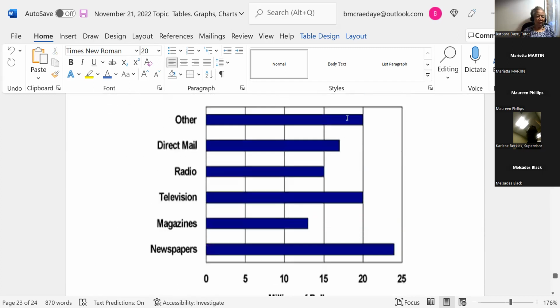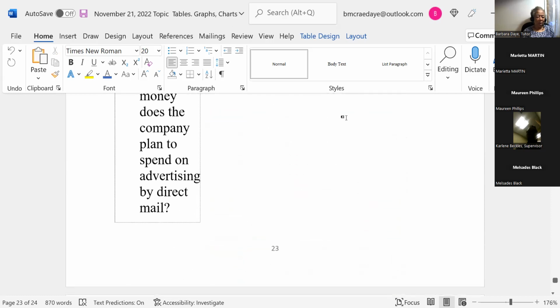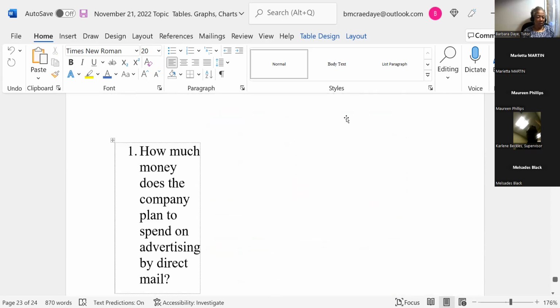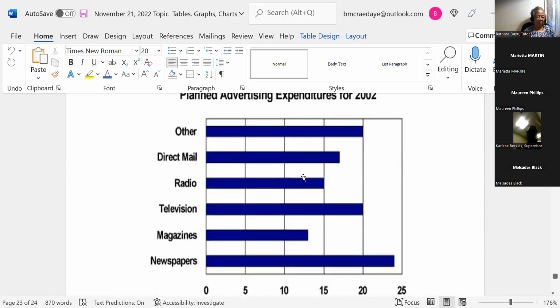Okay, so look at your graph. You're going to look at advertising by what? Direct mail. How much money does the company plan to spend on advertising by direct mail?